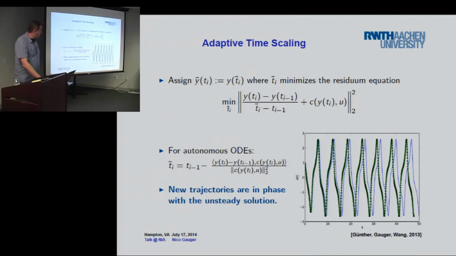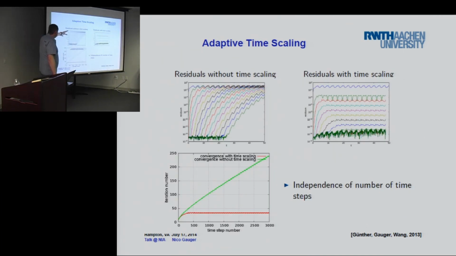And it turns out, here you see the residual behavior with respect to increasing k of the scheme without time scaling and with time scaling. Without, you have to iterate like hell, and the farther you are physically in time, the less the improvement in the residual. So it takes a long time. If I would converge it, like on the right-hand side, to 10 to the minus 14, I would need many more iterations.